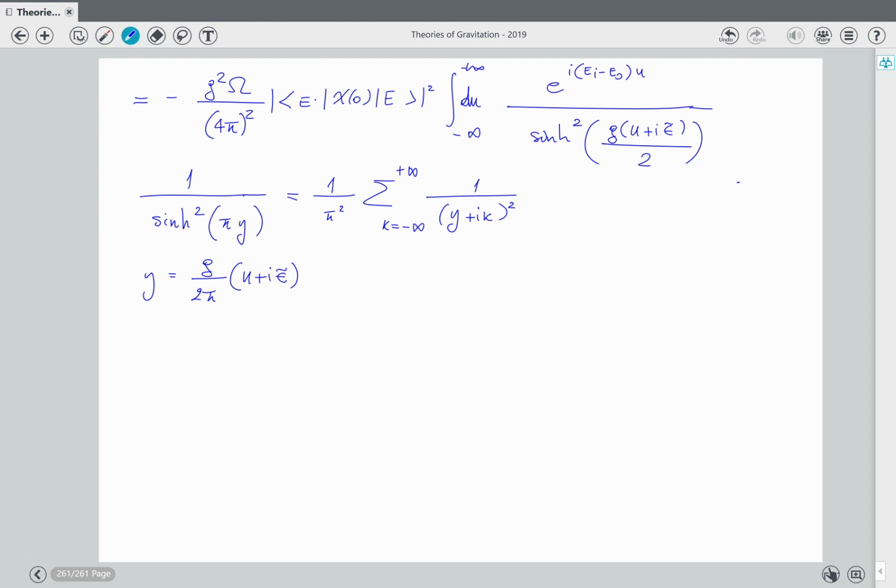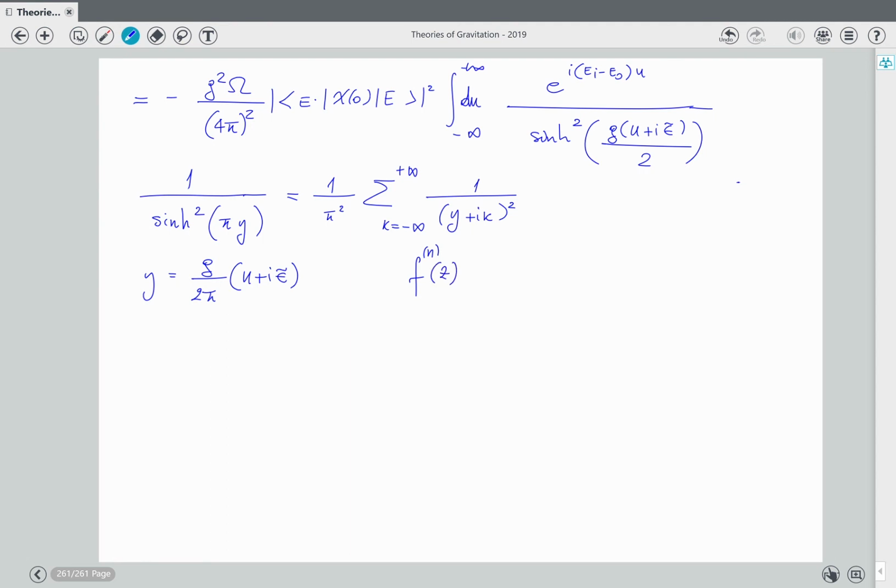The sum tells you where the poles are, and you have to sum the residues from every pole. Actually, these are double poles, but you can use the formula for double poles.